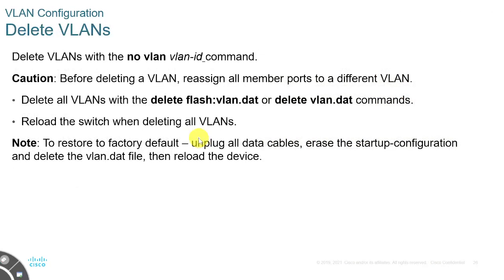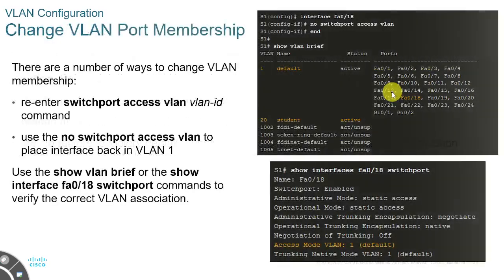Okay, how can we delete a VLAN? If you execute the no vlan command, directly you will not delete them. However, before deleting a VLAN, you should change or reassign all ports of this VLAN to another VLAN, as we did here.